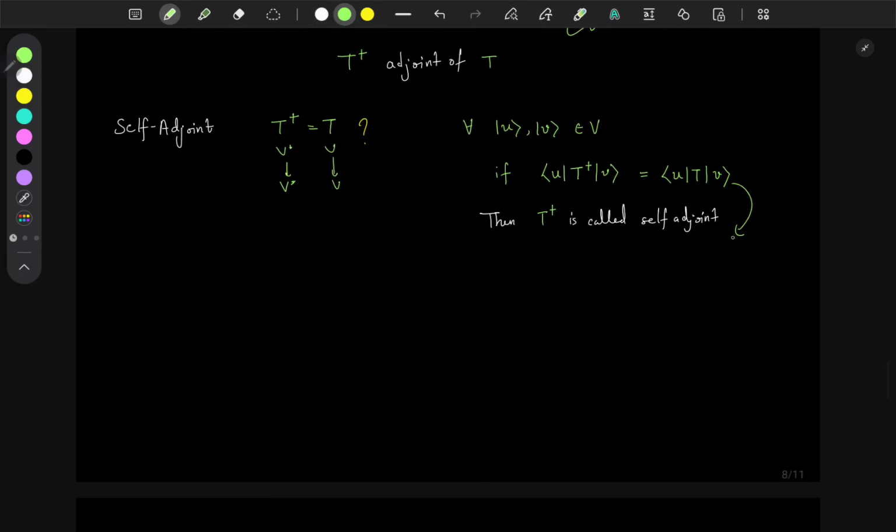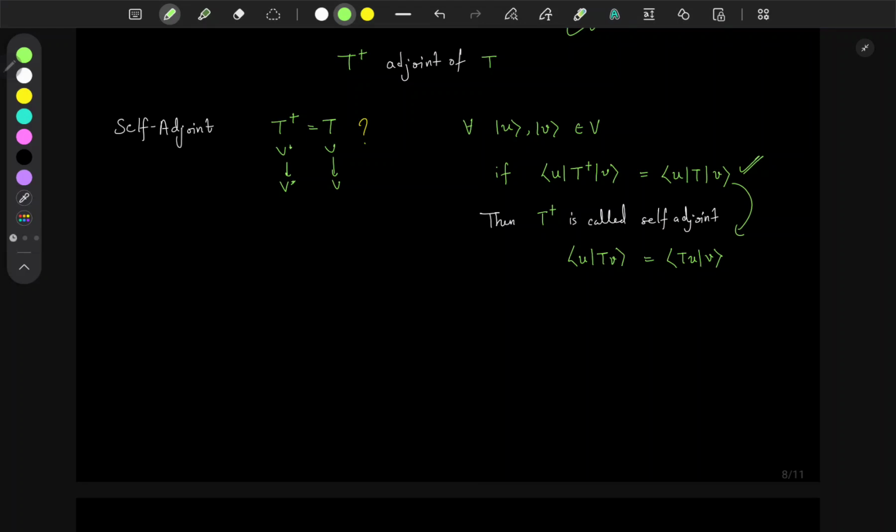This same thing can also be written as u Tv is the same as Tu v. So any map or operator which satisfies this property is called a self-adjoint operator.